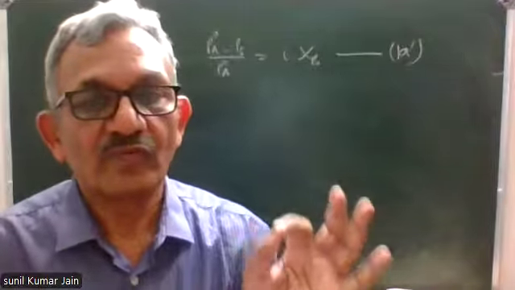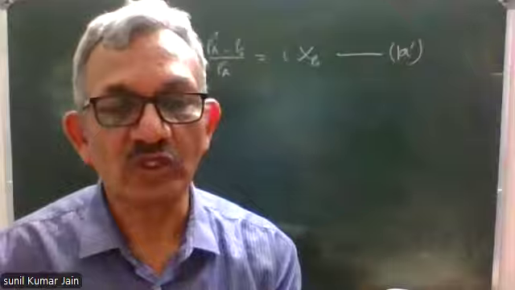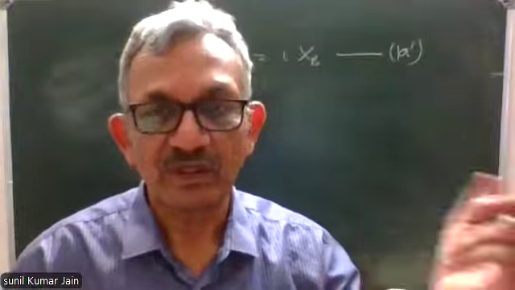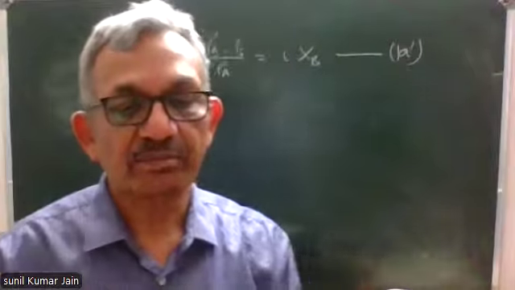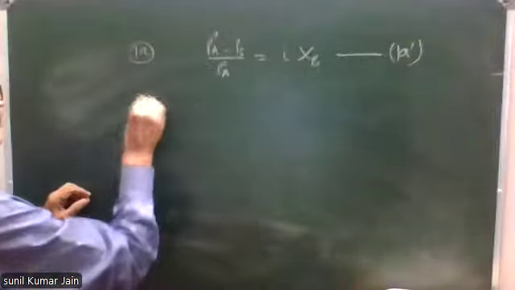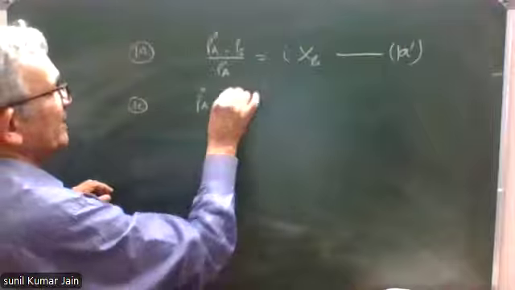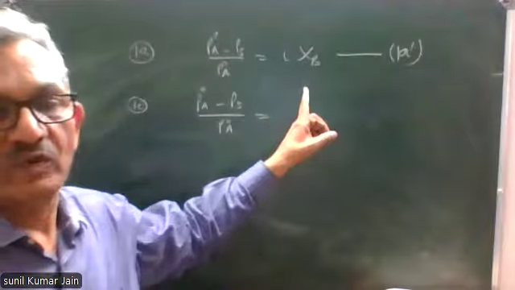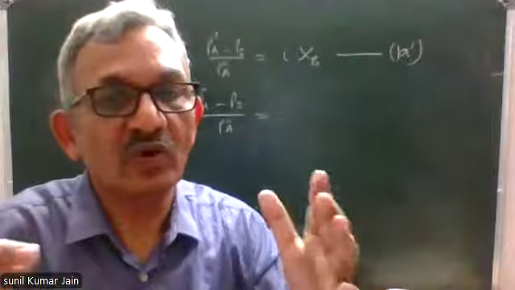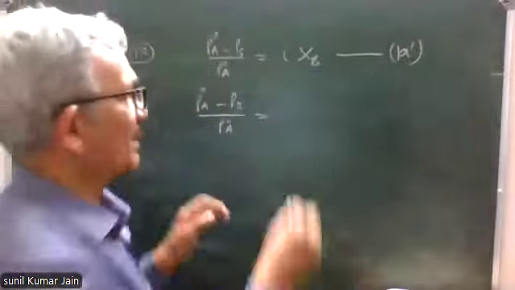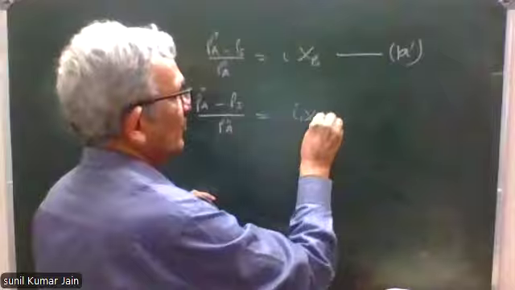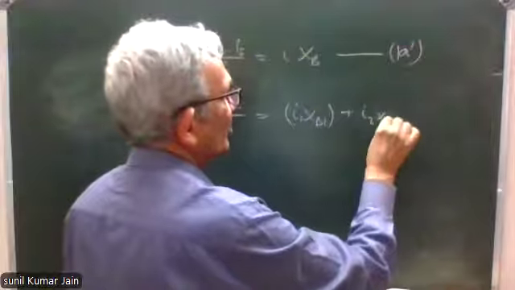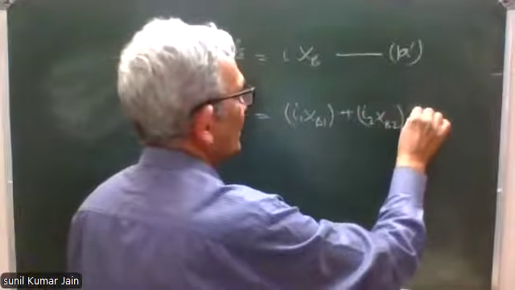Further write down, for more than 1 solute, equation 1C becomes: P naught A minus PS upon P naught A is equal to, earlier it was sum of the mole fractions of all non-volatile solutes, now it becomes i1 mole fraction of solute 1 plus i2 mole fraction of solute 2 and so on.